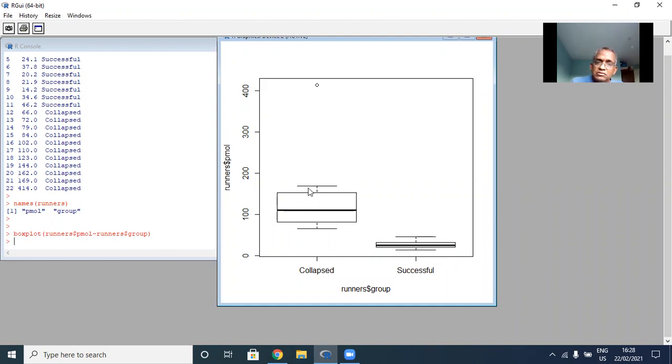The concentration for the runners who did not complete is higher than for the runners who did complete, right? Also the variability is higher for the people who did not complete. Remember, the width of the box shows how variable the data are. The variability here is a lot smaller compared to this, right?